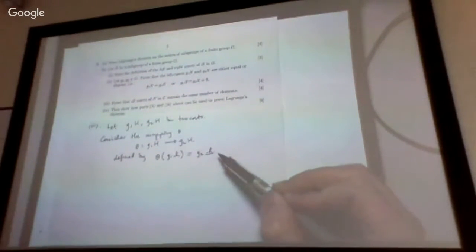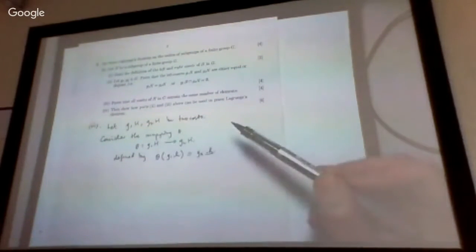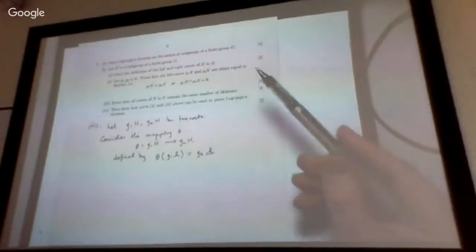Jan's thinking about it more dynamically, that there's some kind of operation or process you apply to the elements in this coset.